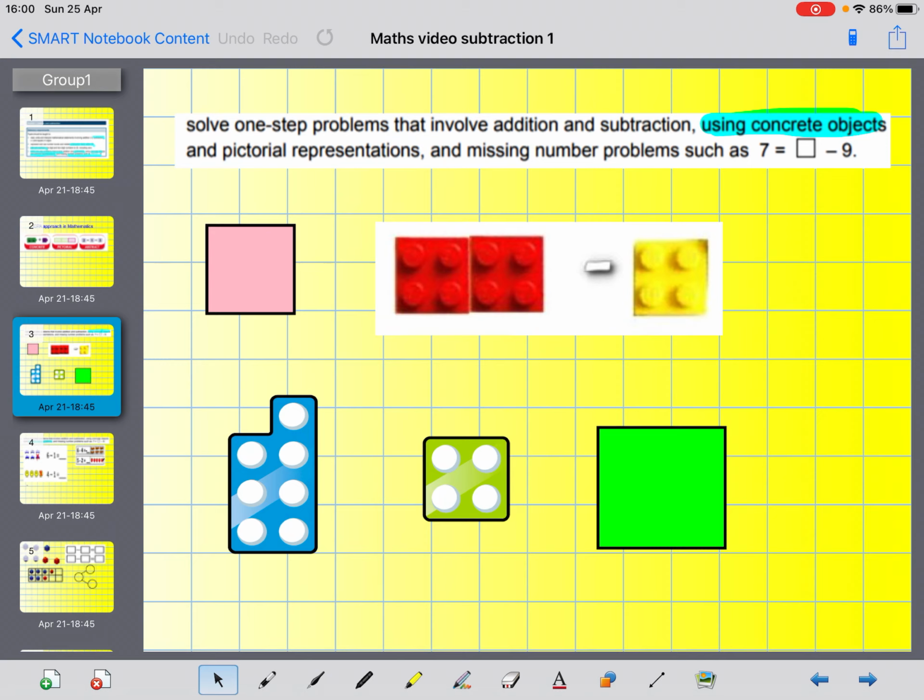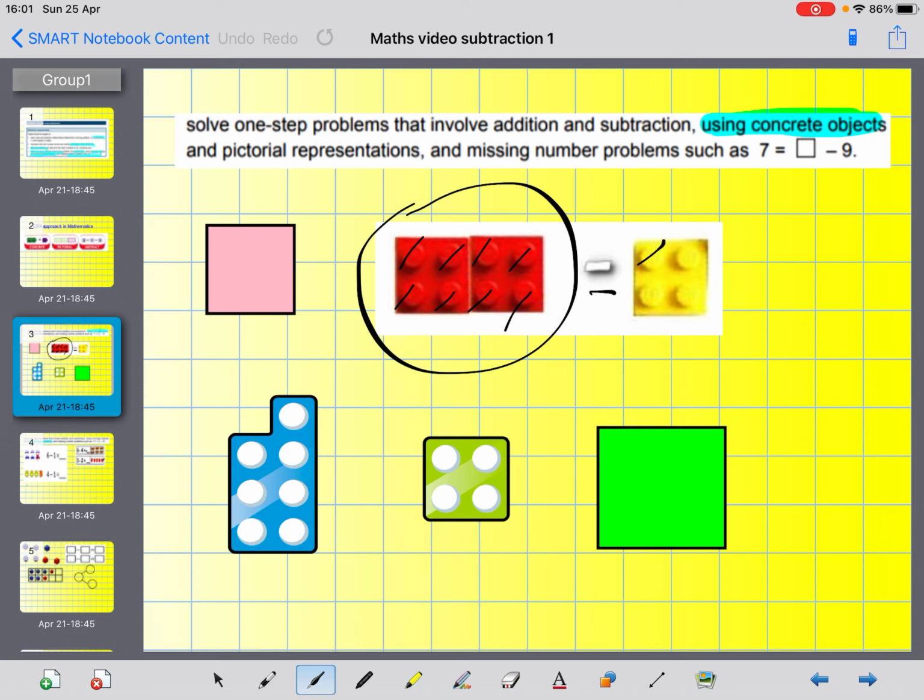The next slide. Concrete objects within subtraction, like you can see in this picture here, there are Lego blocks, and there have been some Lego taken away. So for example, I had here 8 Lego altogether, because 1, 2, 3, 4, 5, 6, 7, 8, and I need to put 4 away.